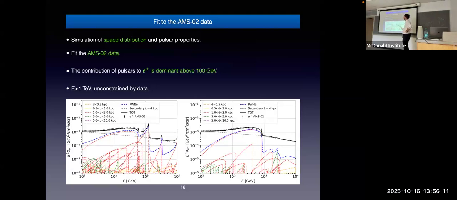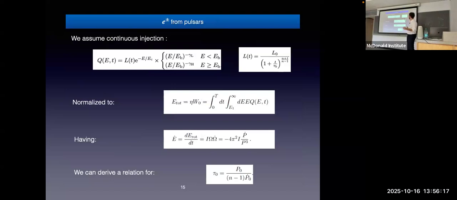There is a combination of two parameters: the age of the pulsar and also this tau zero, which tells you how quickly the pulsar is emitting and how quickly its power is decaying. If you have a large tau zero, the pulsar is emitting efficiently for a longer time.